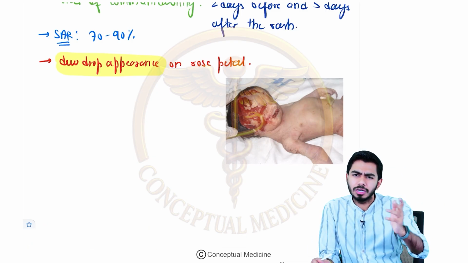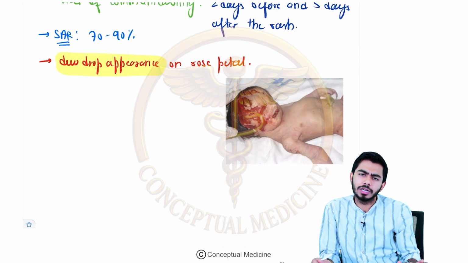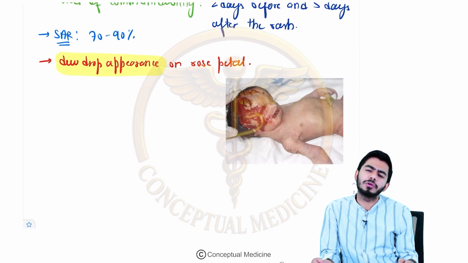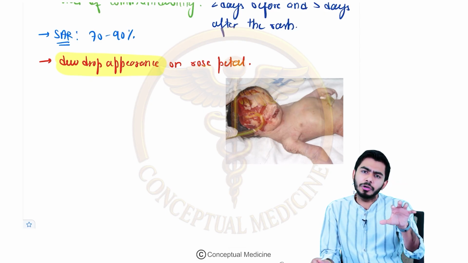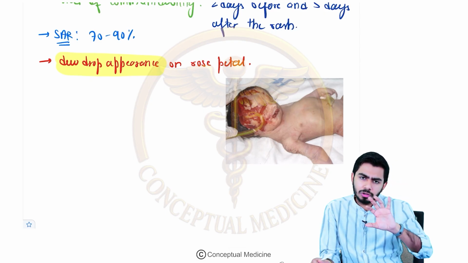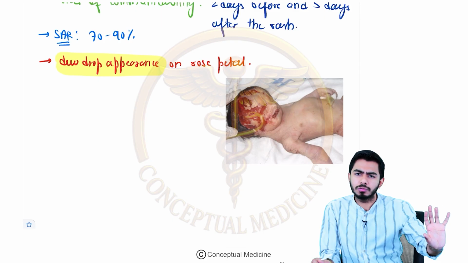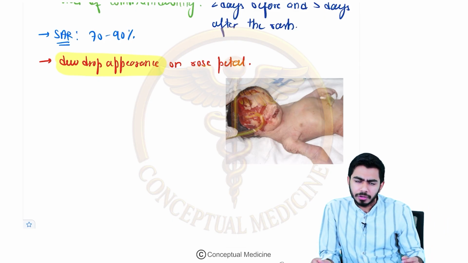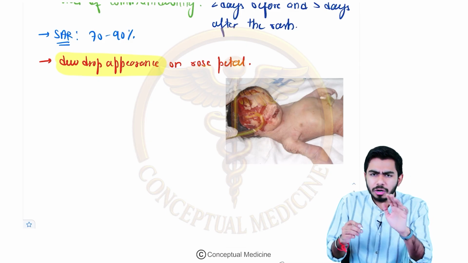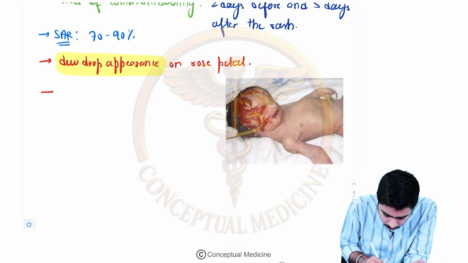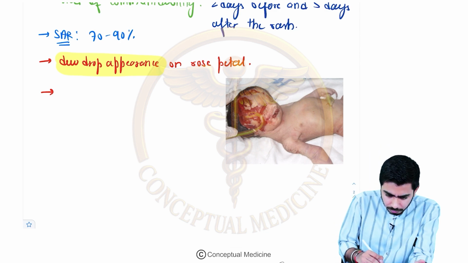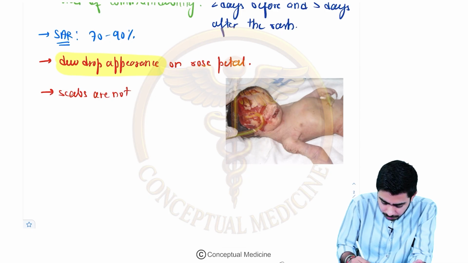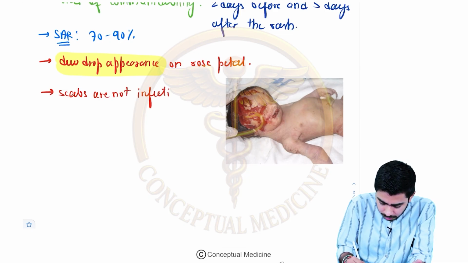But after 5 to 6 days of the rashes, scabs start forming on the body surface, and at that point we can decide the isolation period might be over and the patient might go outside. So scabs are not infective. That might be asked, and it has been asked in exams earlier as well.